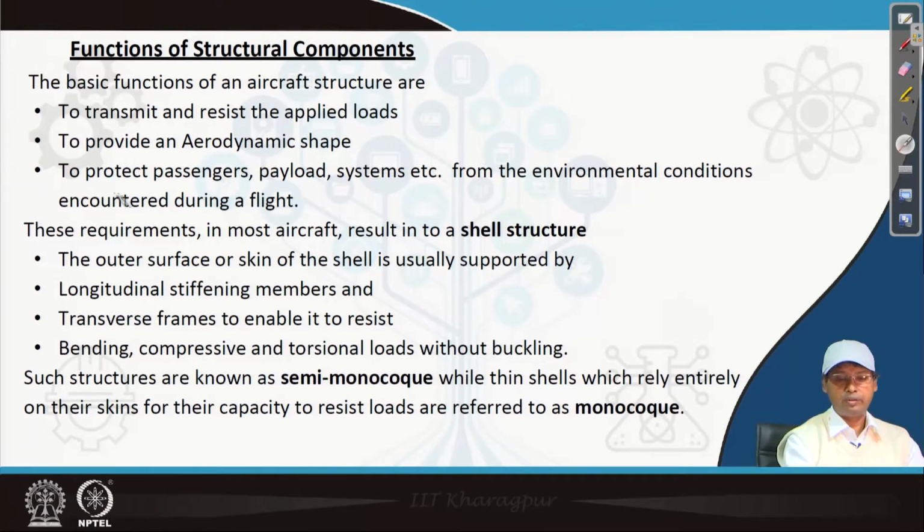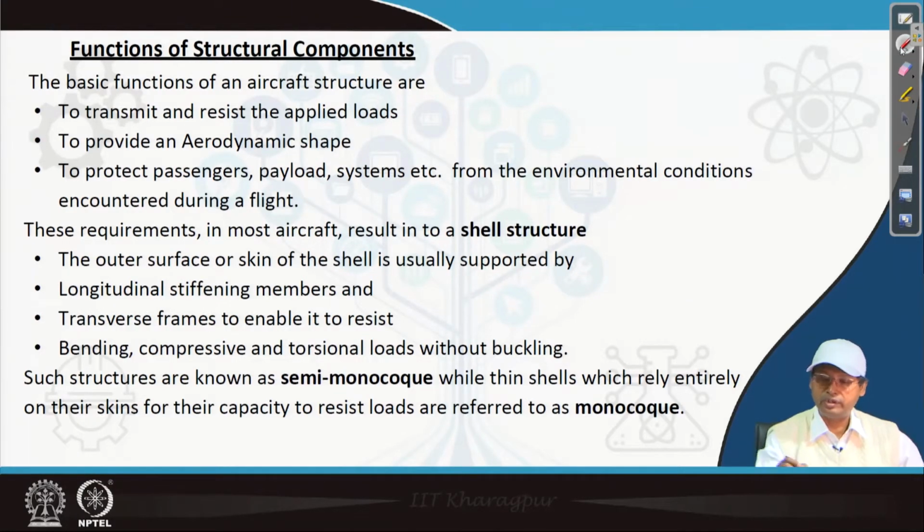To protect passengers, payload systems, etc., from environmental conditions encountered during a flight. This is another very important thing. Anything we put inside an aircraft, unless we create some artificial pressurized cabin and air conditioned cabin, is supposed to experience probably minus 55 degree centigrade of temperature.